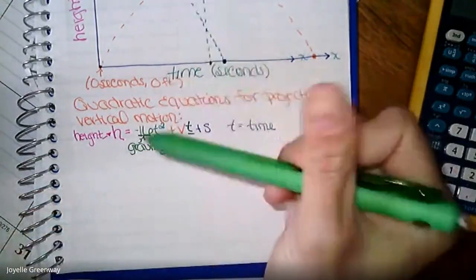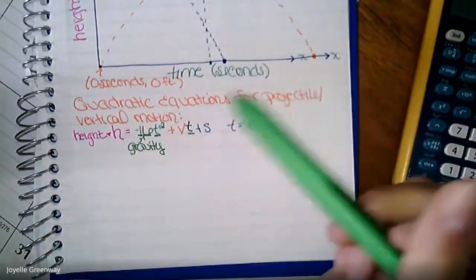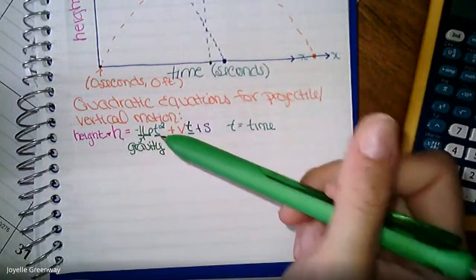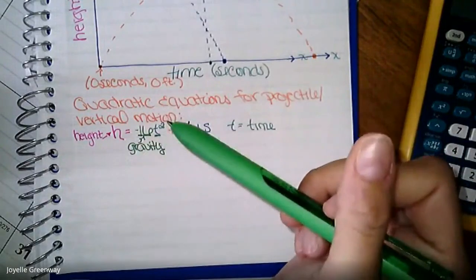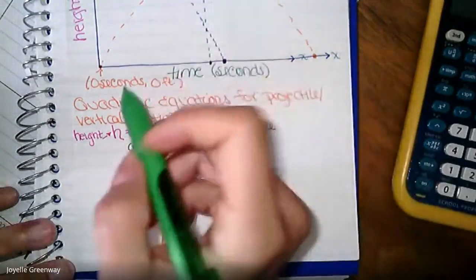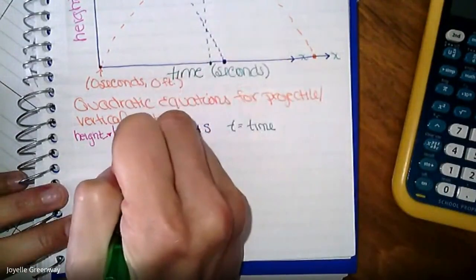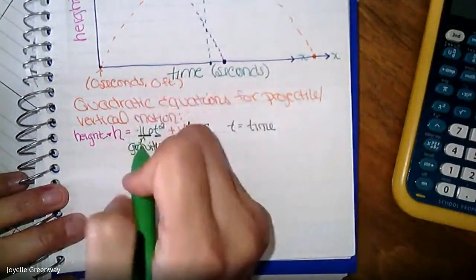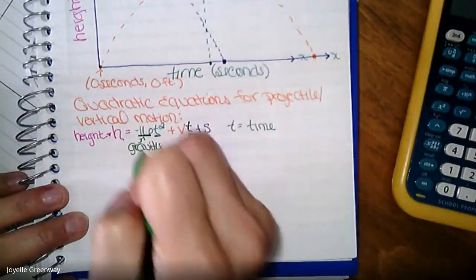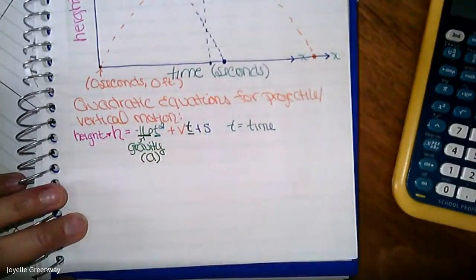For the majority of the word problems with projectile motion, your A value, or this number right here for gravity, is going to be your negative 16. I don't want to say all, because there's probably one or two out there that don't start with negative 16 t squared. So this would be your A value.